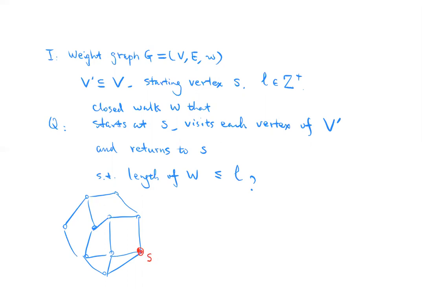So some vertices I use green ones. I must maybe visit these two vertices. All right. So looking for shortest path, a closed path actually. So actually it's a cycle. Starting from S. So maybe we do things like this, get this one, and this one, then this one, then return.